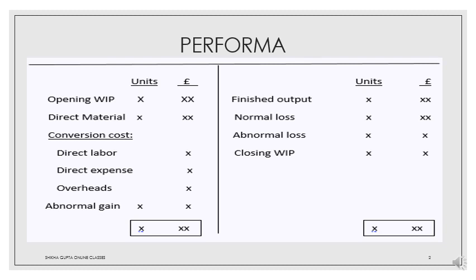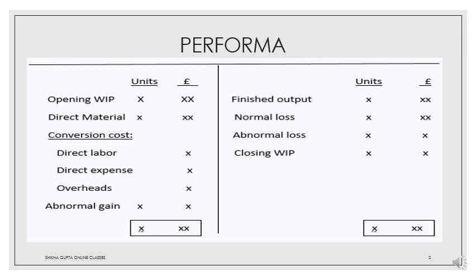So we have this format which we have seen in previous slides also, in which we have a ledger account having debit and credit side. On the debit side, we have all expenses which we have incurred in a particular process, and you can see here on the debit side we have direct material cost, direct labor cost, direct expenses, and overhead cost.